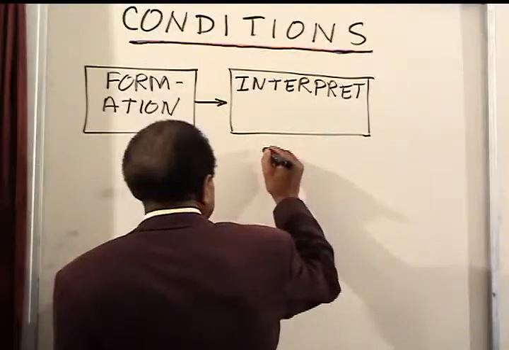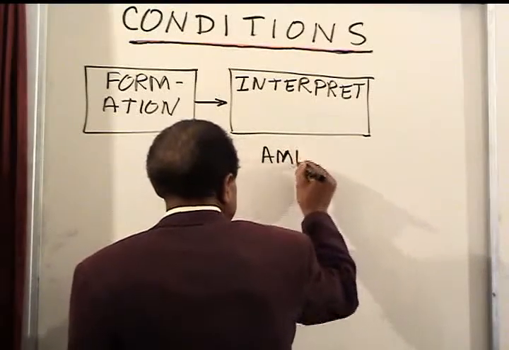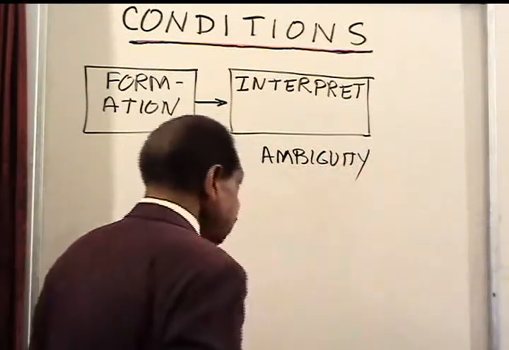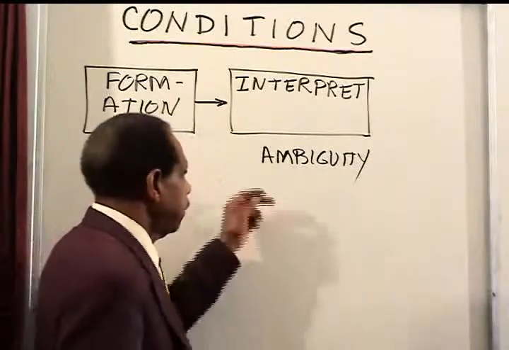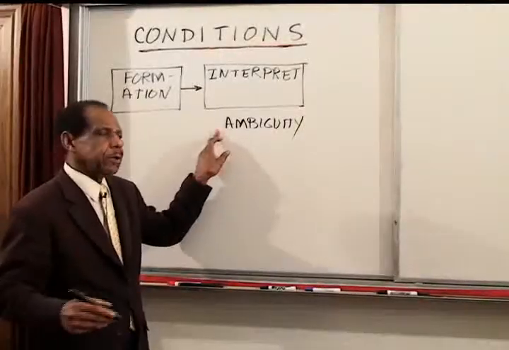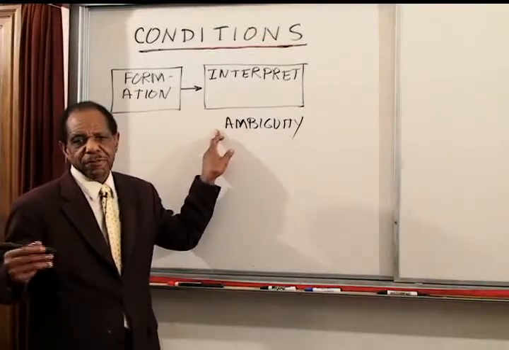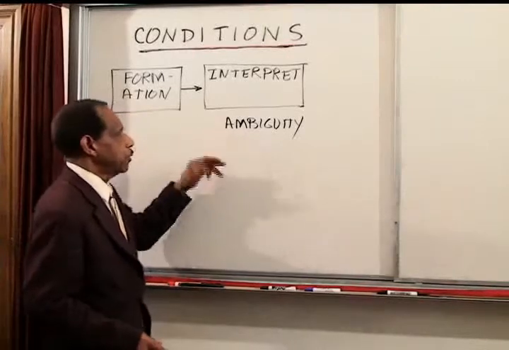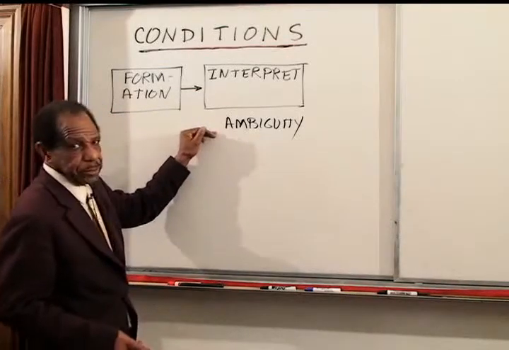And these are all problems where you have a contract, but you're not quite sure what the terms are because, for example, there's a word in the contract that has more than one meaning, or there's a word in the contract that's a term of art in the world of plumbing, and you got to figure out what that means, and so forth. So ambiguity, to learn what the terms are.